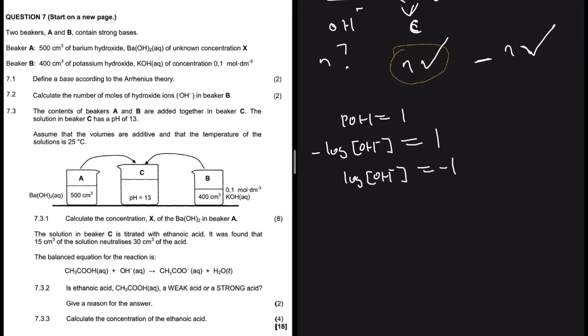Now to solve for OH, we can say OH- is equal to 10 to the power minus 1. You can always do that, it always works. If you take 10 to the power minus 1, you get OH- equal to 0.1.